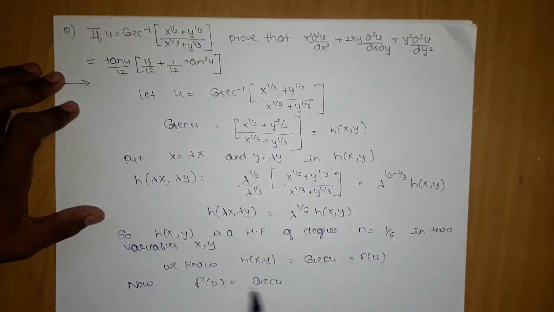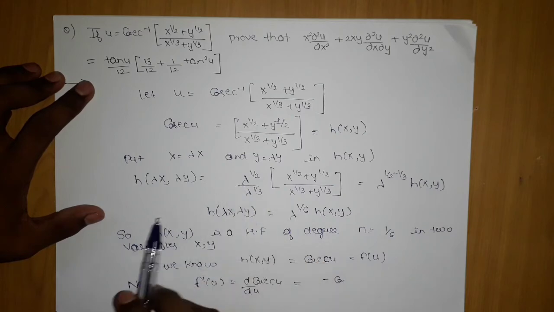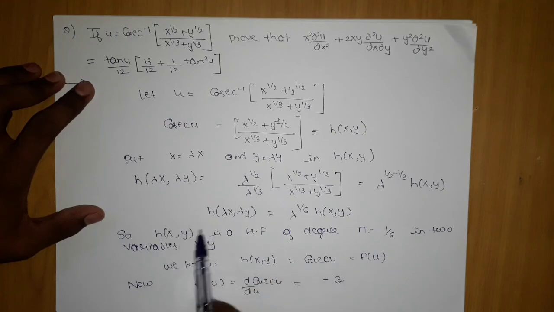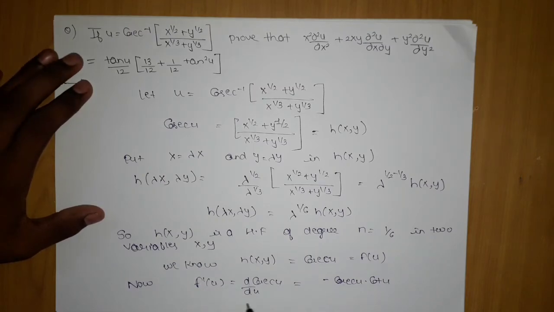The derivative of cosec u with respect to u will be nothing but minus cosec u dot cot u. Now we got f dash u. Our job is to get g of u.